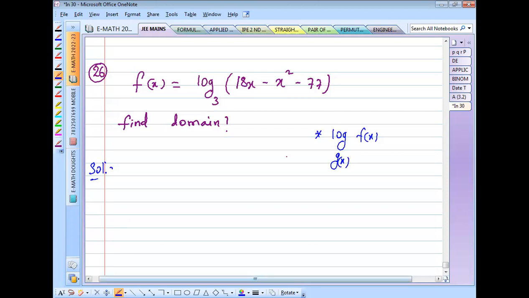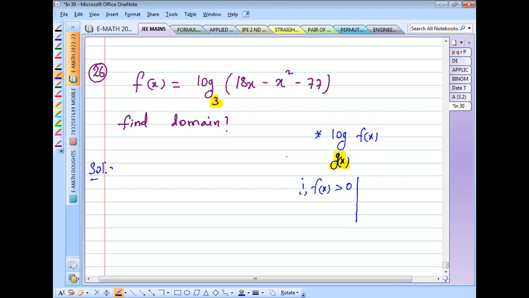Of course, here the base is not a function, but in some questions it varies, and the base is also a function of x. So in general, we can take that problem in the format of log f of x base g of x.